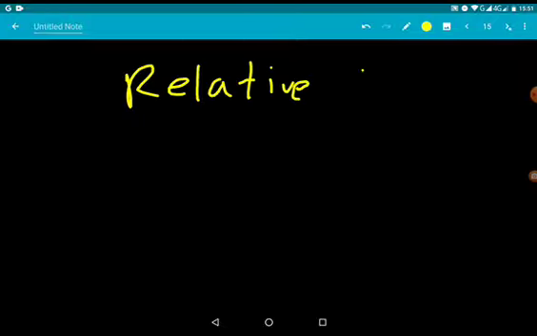Here, when we consider relative velocity, how to write it?